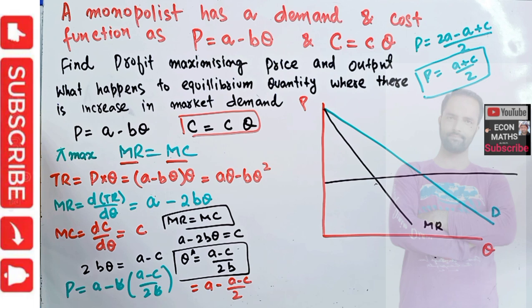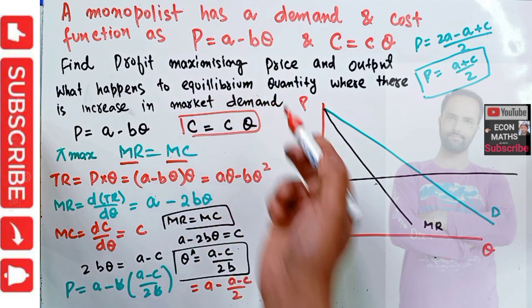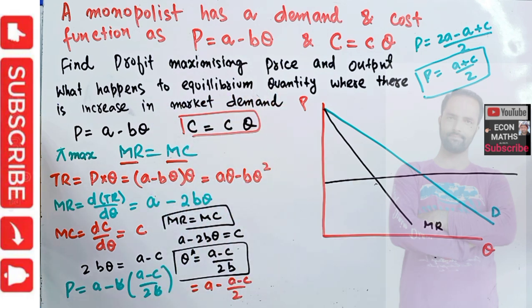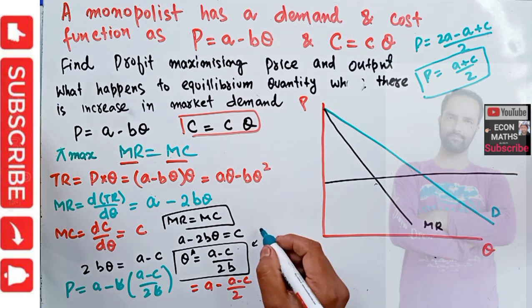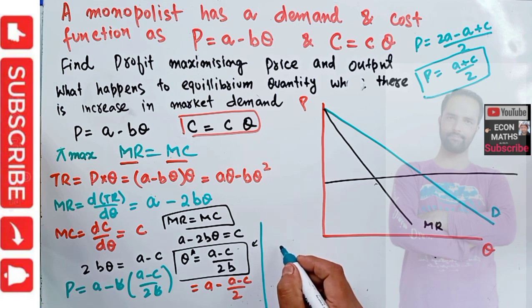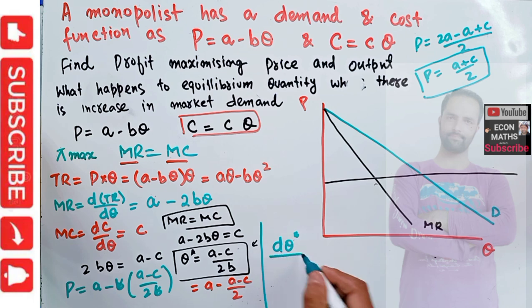The next part asks what happens to equilibrium quantity when there is an increase in market demand. So this is our equilibrium quantity. Comparative statistics is where we find out what happens to equilibrium quantity when there is an increase in market demand.